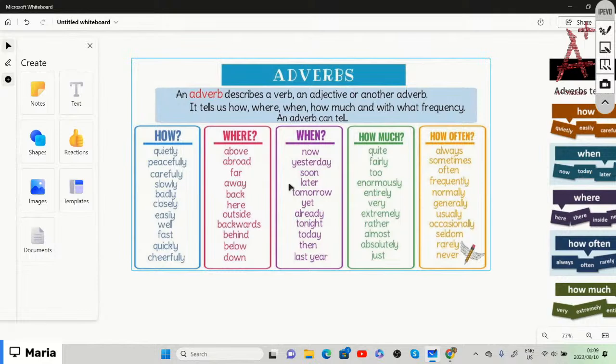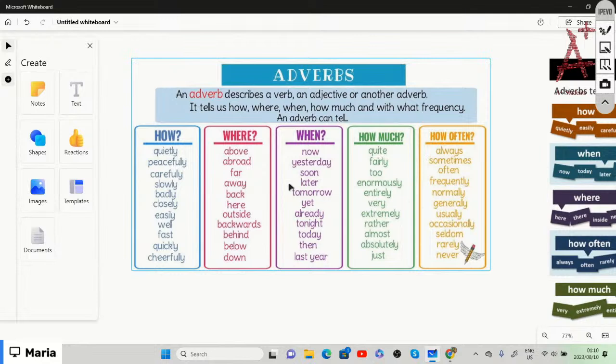She lives abroad. It doesn't have to say she lives in New York City. We can just say she lives abroad. Far, away, back, here, outside, backwards, behind, below, and down. That is but a few examples of adverbs that tell us where.